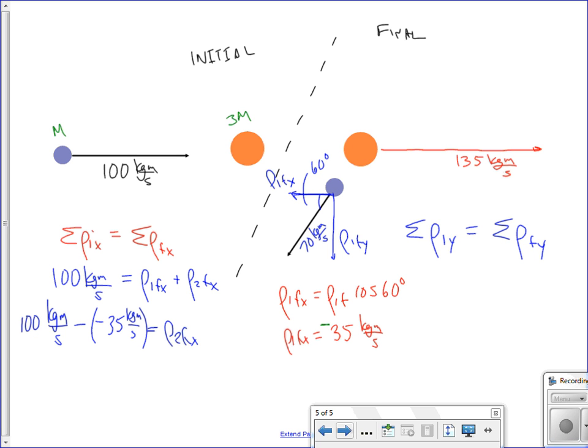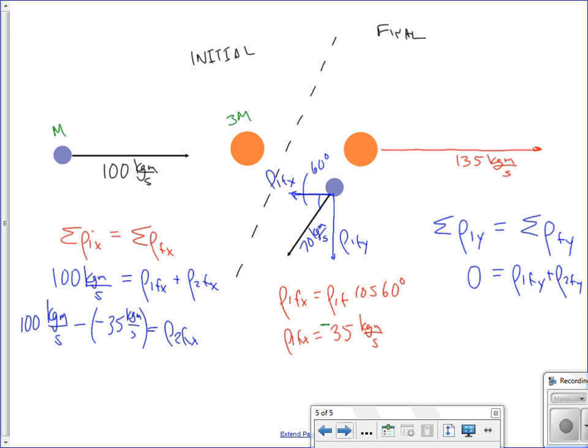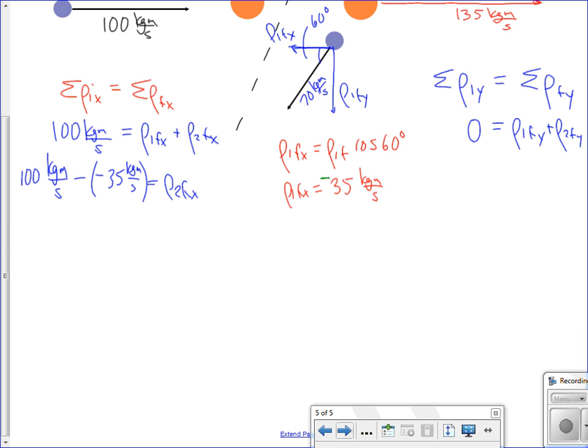Here's something neat to see. If we look at the y direction, how much initial vertical, up and down, momentum is there? There's none, right? This is all the initial momentum. None of it is up and down. Well, that means we have P1 final y plus P2 final y equals zero. And P1 final y is P1 final sine of 60.